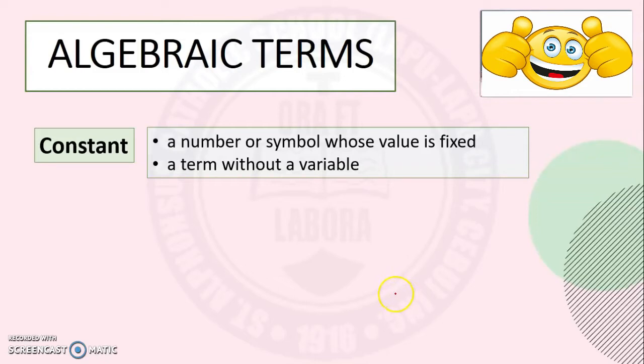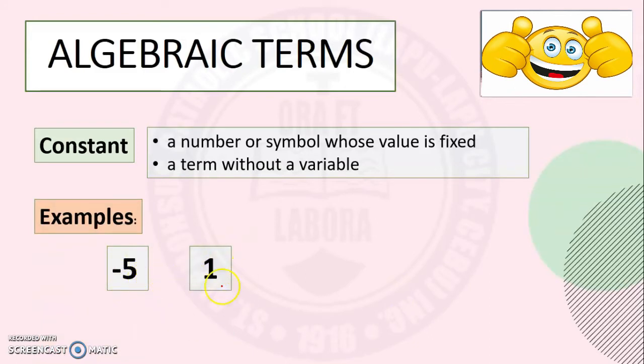It is a term without a variable. These are some examples of constants: -5, 1, 10, and -12. Always remember that constants are just any number that has no variables or letters beside it.